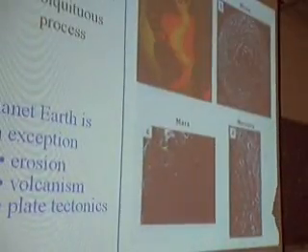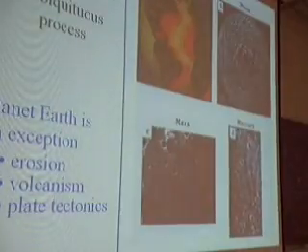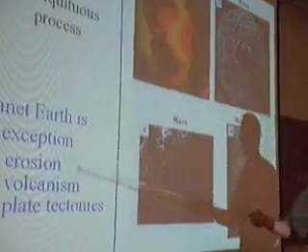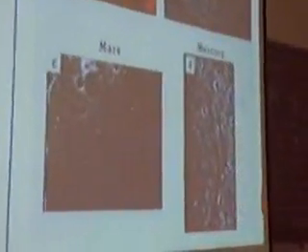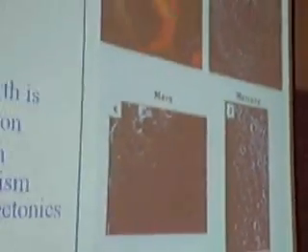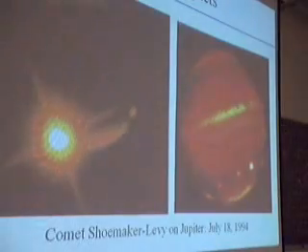Earth is a strongly dynamic planet, where plate tectonics is ongoing, erosion is ongoing, volcanism is ongoing, which mainly destroys the impact record. However, we do have an impact record on Earth.